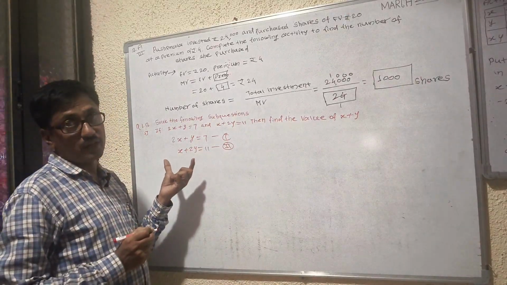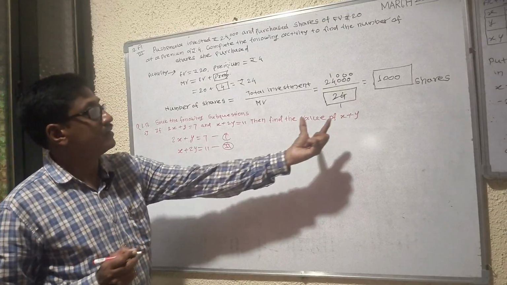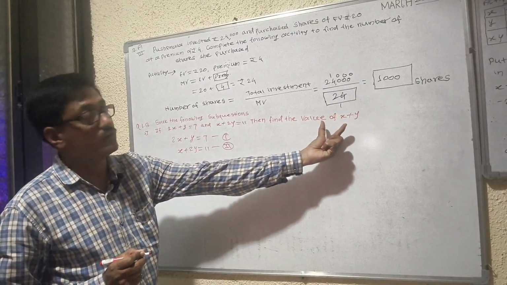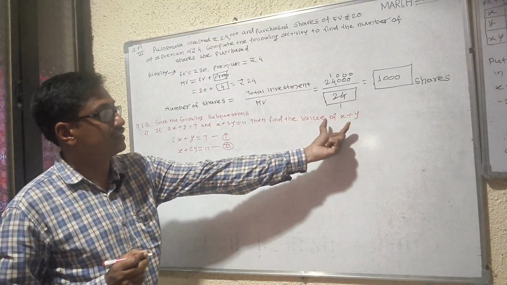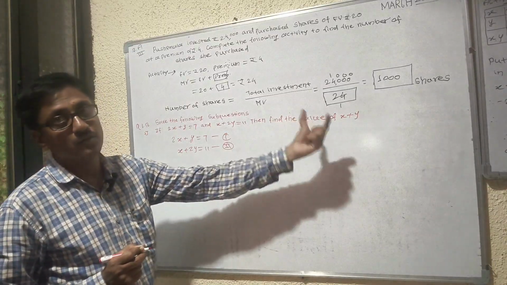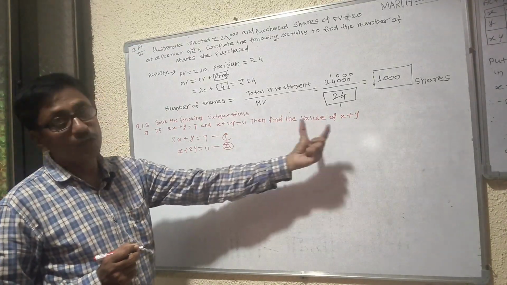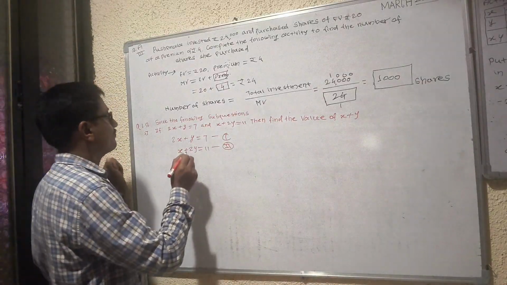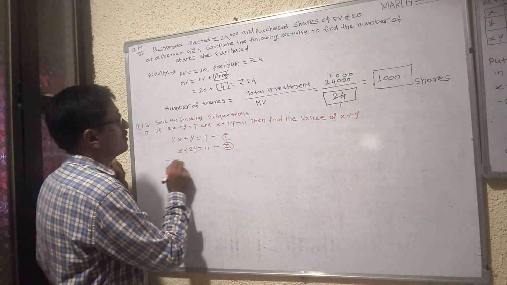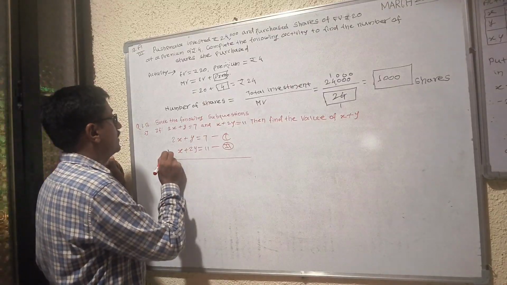What do I have to do here? Addition of the two equations. By addition we find the variables' sum. Make the addition.